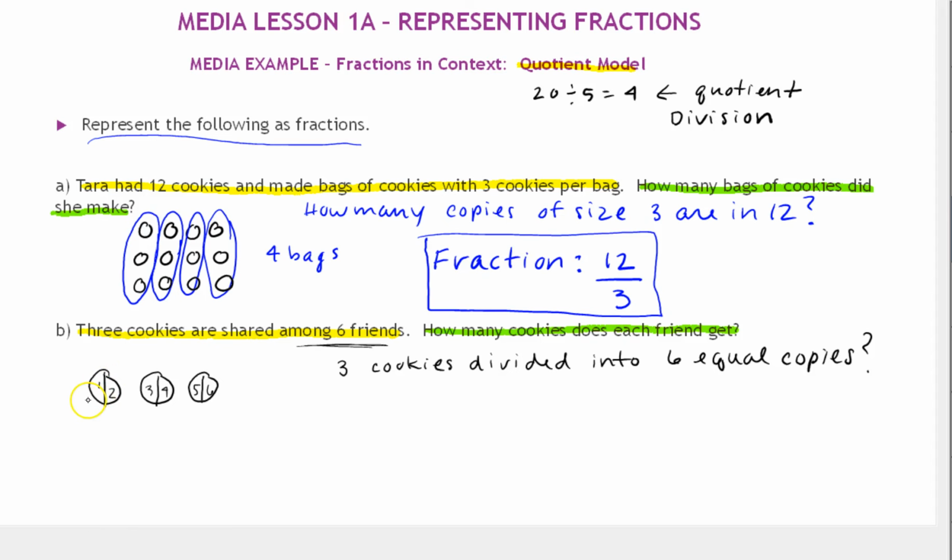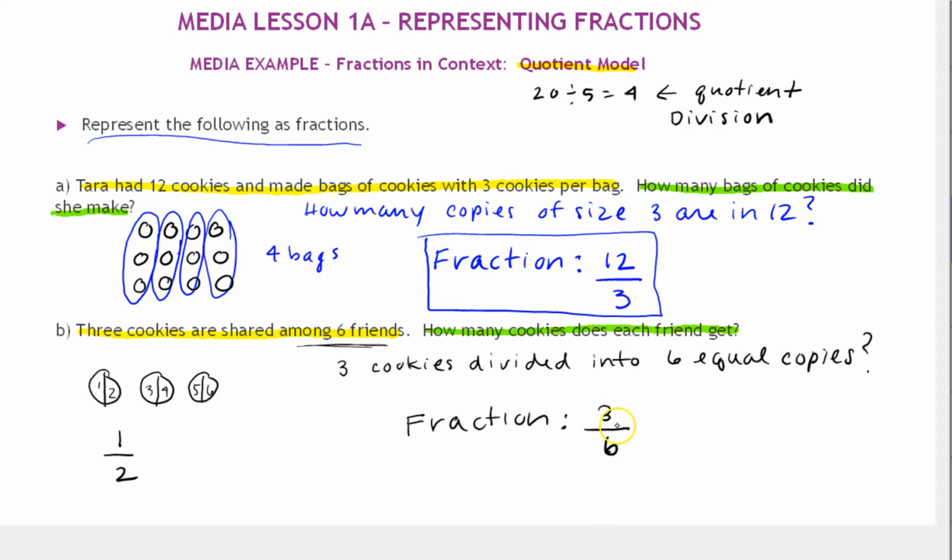So the size of the copies, we can see if we look at any one of these pieces, it's 1 out of 2 pieces of 1 whole cookie. Okay, so this person 1 gets this half of a cookie. So our fraction form, writing it in terms of the original numbers, is we're taking 3 and dividing it into 6 equal copies.